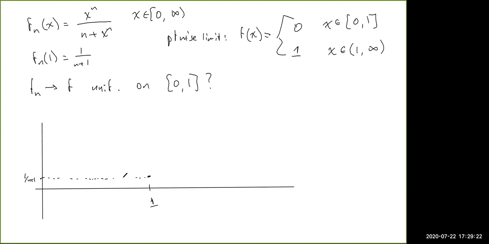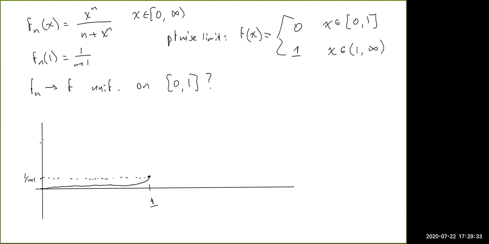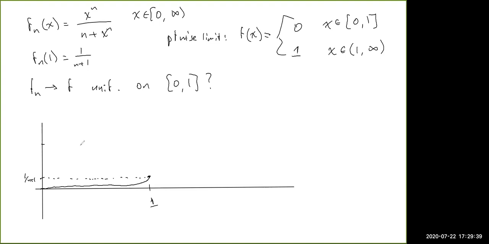Oh, I guess the answer is actually it does. Yeah, it actually does. It's like if you cut it off in the other example. Yeah, basically. And let's say this is 1.